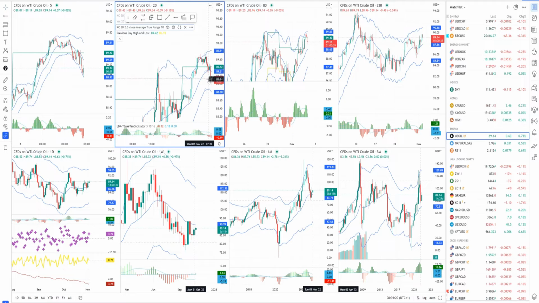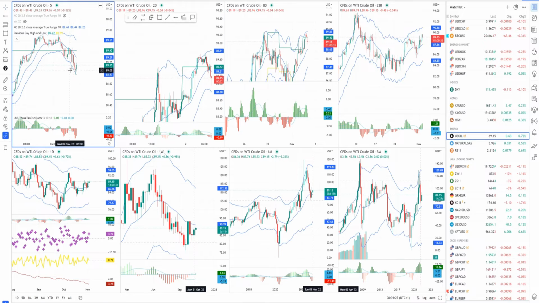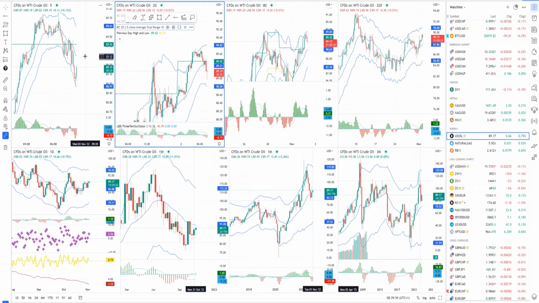It just retested the high and rejected aggressively into the previous day range. That's a sign of weakness, and eventually watch for selling opportunities on the rally intraday, maybe towards the 87 mark or 85.50 mark. So at this stage the market is still in the markdown phase.